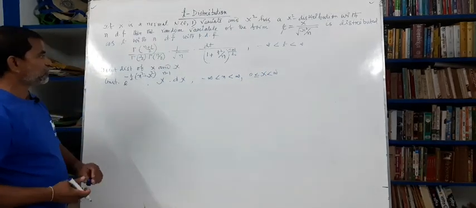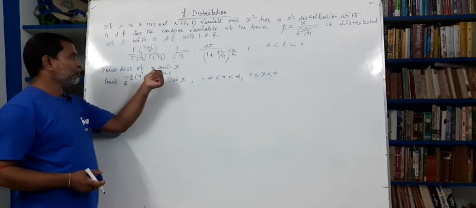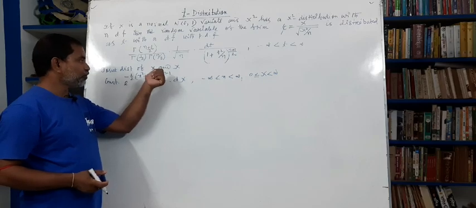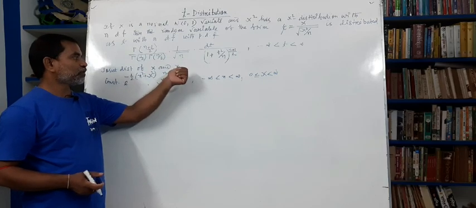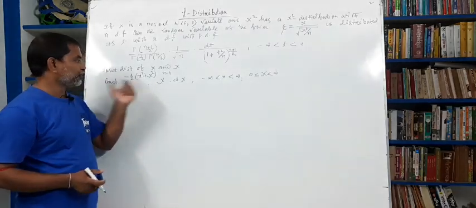This is the joint distribution function of the standard normal variate N(0,1) with mean 0 and variance 1 and chi-square distribution with n degrees of freedom.